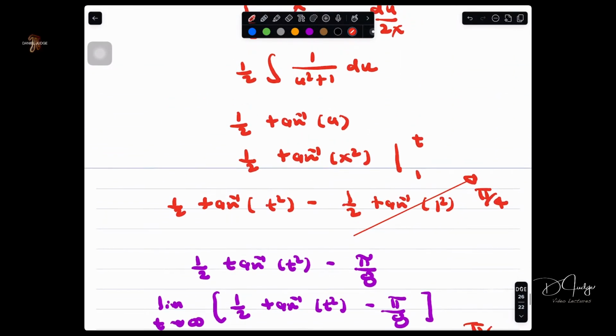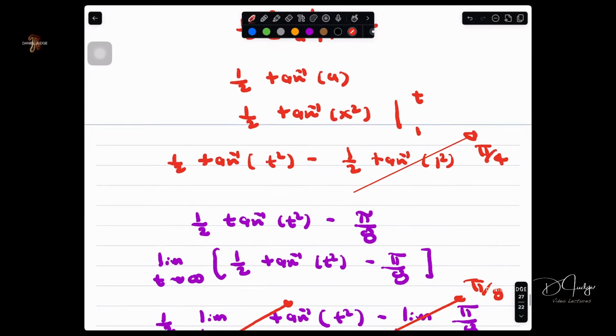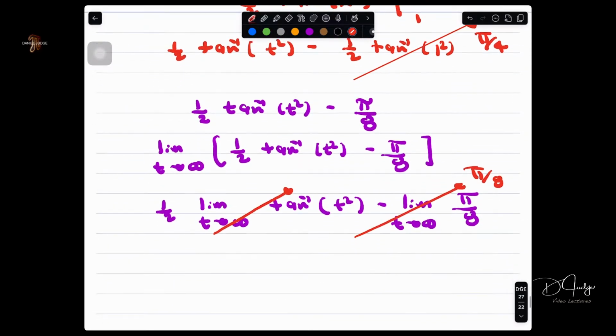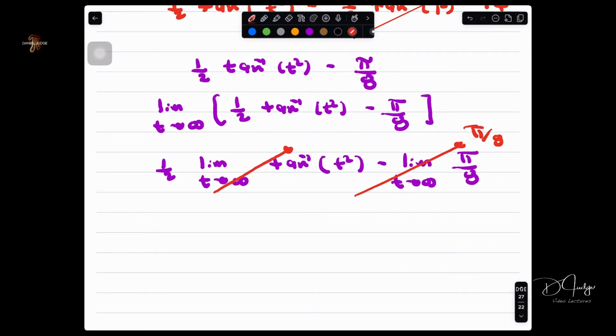All right, well, let's see. This is going to be pi over 2. That's what that is. All right, this limit is pi over 2.